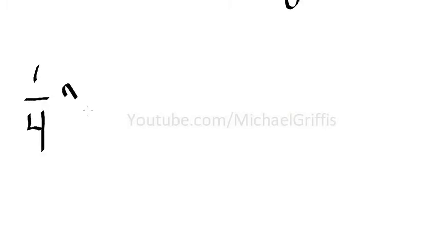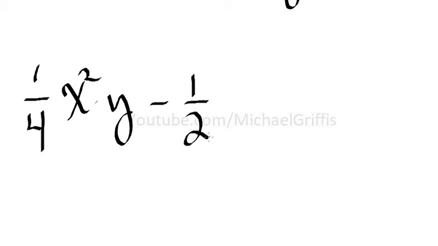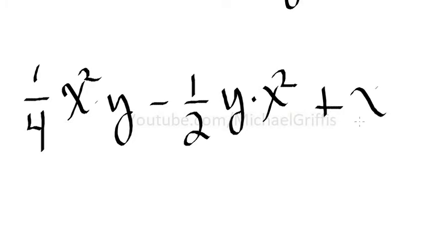1/4 x squared times y minus a half y times x squared plus x. Okay, can we simplify this expression? Be careful, this one's tricky.